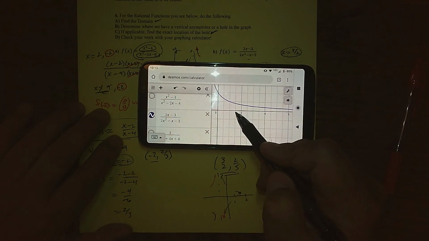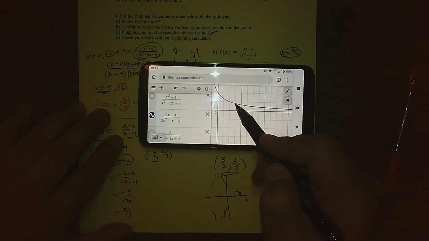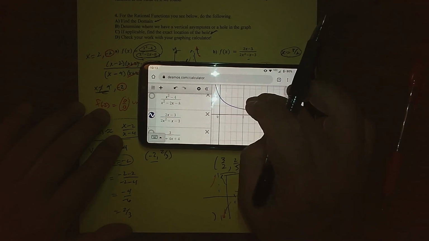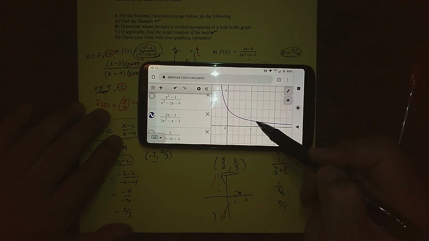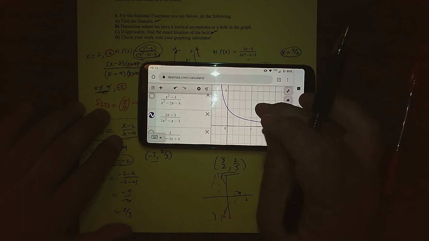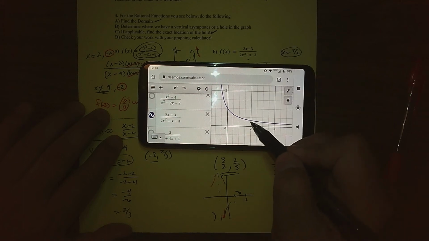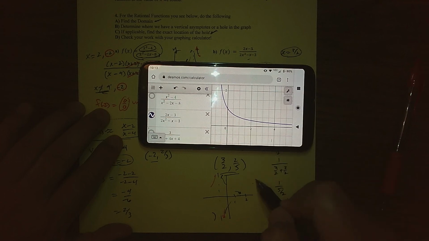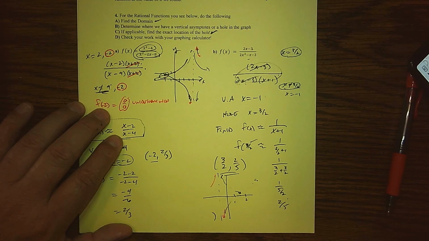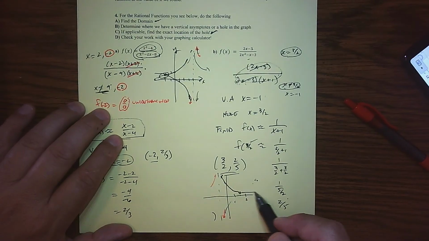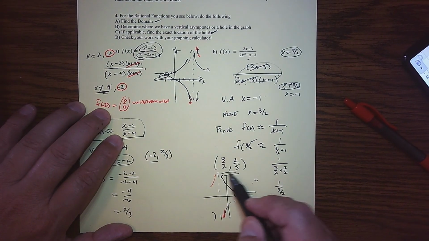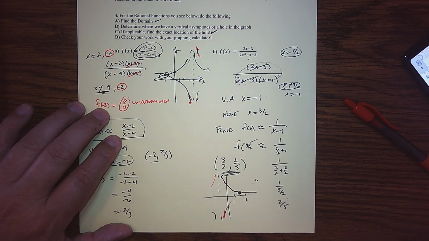So there's 3/2, and what we get is 2/5 right there, because there's 2, there's 1, so we're about 0.4, is where that graph is. So again, the technology appears to show that the graph is defined there, but because of our work in our algebra, we know that there's a little hole in the graph. So we're coming up, going this direction, and at that location, at 3/2, 2/5, we have a hole.